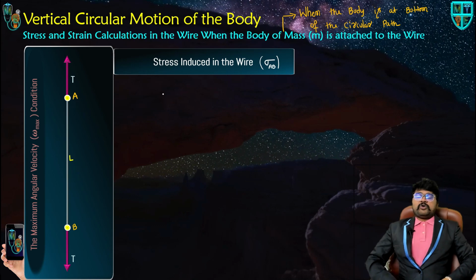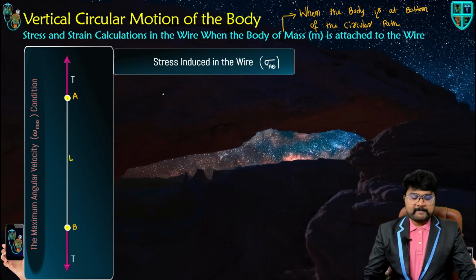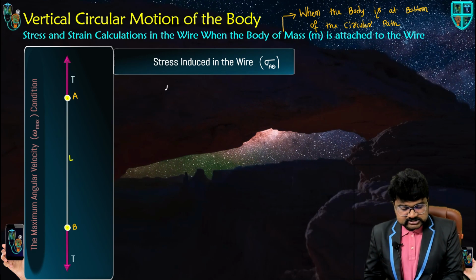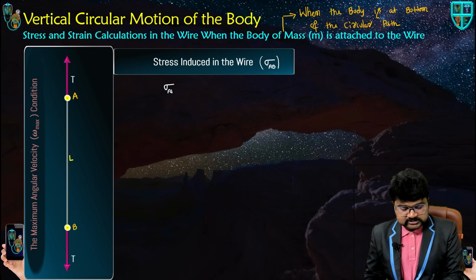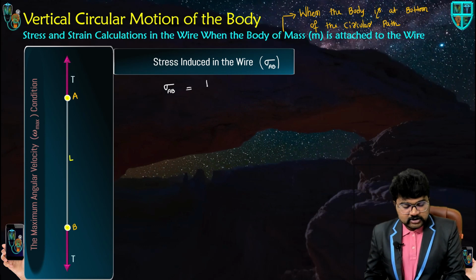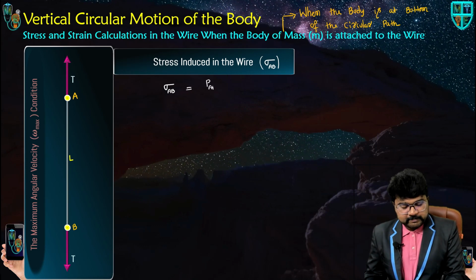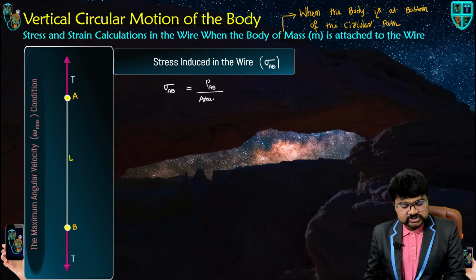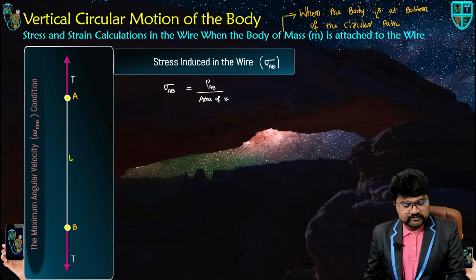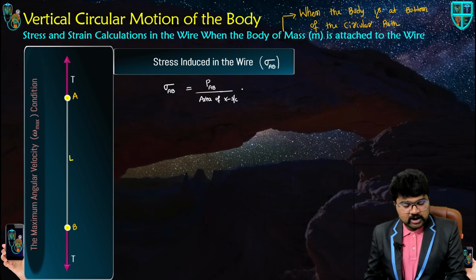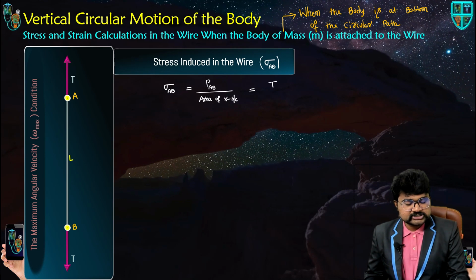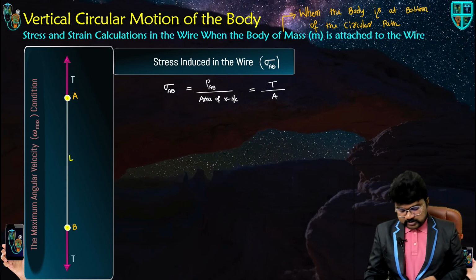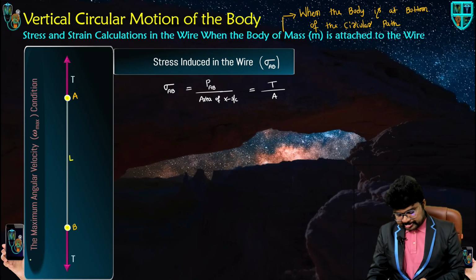Sigma AB is nothing but the load acting on the wire by the area of cross section of the wire. This is the stress induced in the wire, sigma AB. Load acting on the wire, PAB, by area of cross section of the wire, which is tension T by area of cross section A. What is the tension T here?